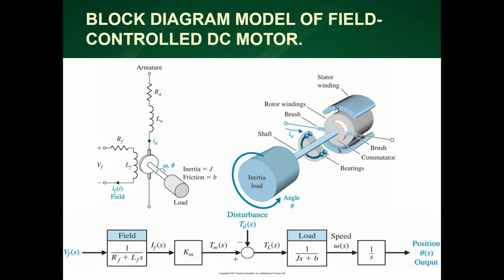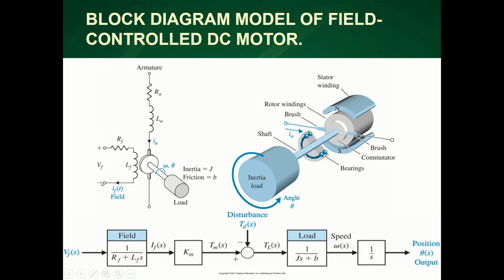and the electrical part. For example, if I focus on this primary circuit, we can apply the Kirchhoff voltage law to get the relationship between the voltage VF and the current IF flowing here.